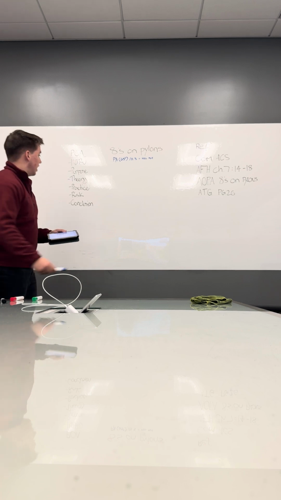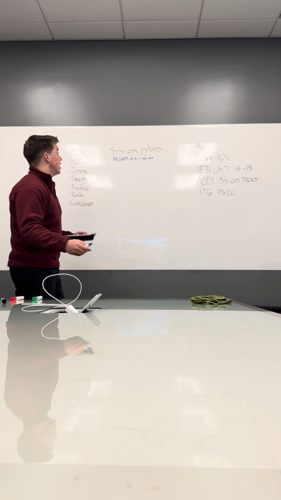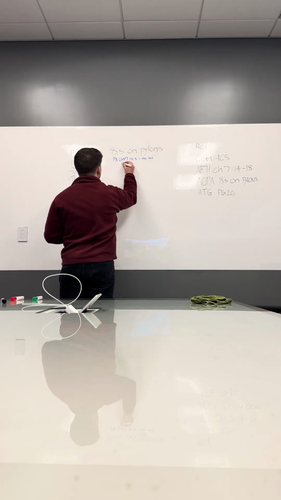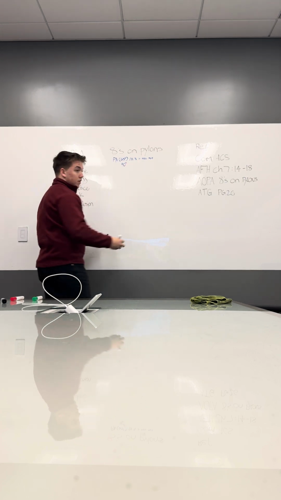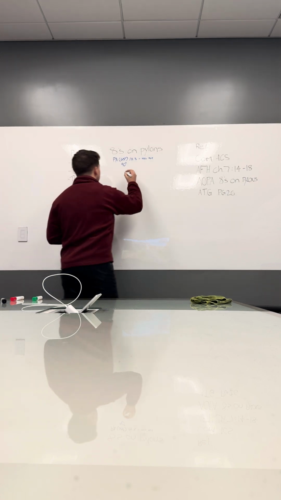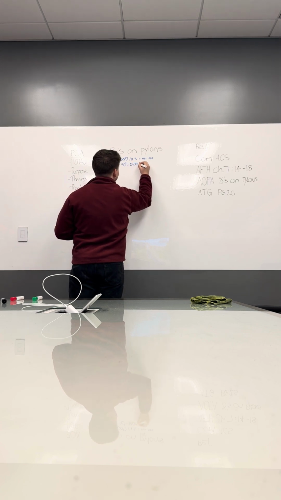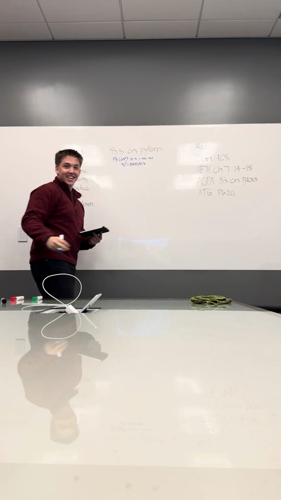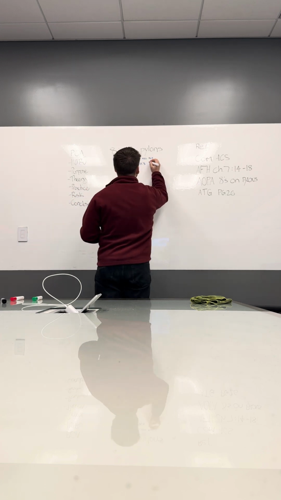Sweet. So for example, let's say we have a 90 knot ground speed. 90 knots squared is 8,100. 8,100 divided by 11.3 is 716.3. So that equals roughly 720.